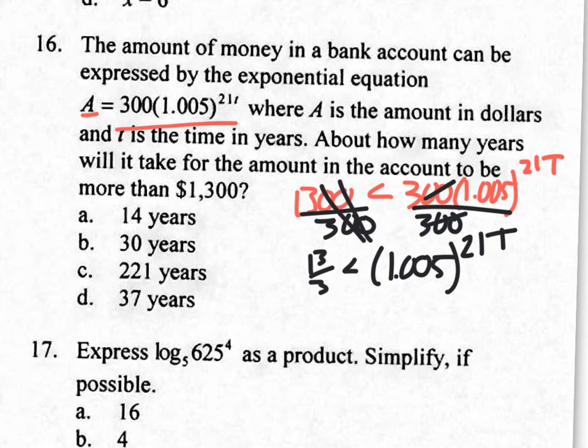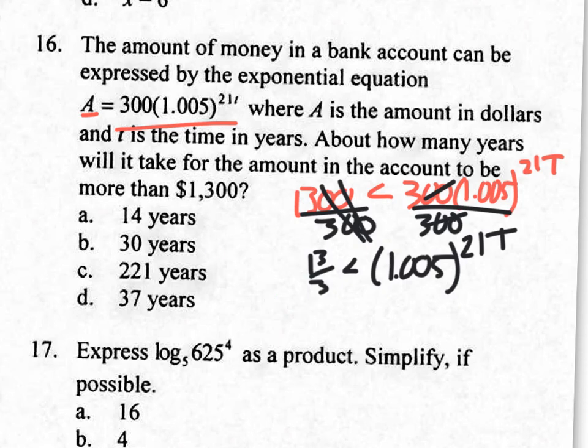Okay, so we still need to bring down the exponent 21t. So at this point, I'm realizing that I'm going to have to apply log base 1.005 here and a log base 1.005 over here. So I can cancel these out and the 21 comes down. Then I'm going to have to use a change of base formula. It's sounding very complicated already.